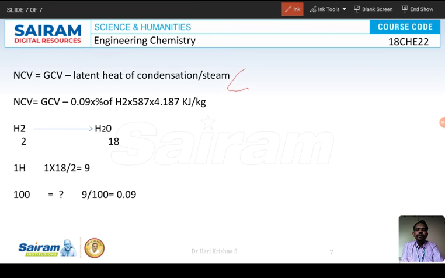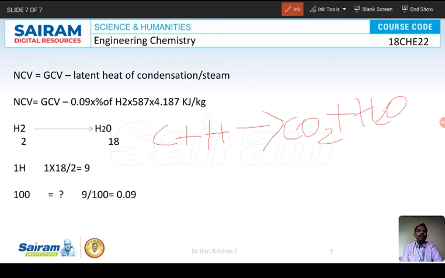Fuel contains carbon plus hydrogen. Carbon gives you carbon dioxide, isn't it? Carbon will give you CO2, whereas hydrogen will give you water. So the amount of water formed depends upon the percentage of hydrogen present, isn't it? So H2 will give you H2O.